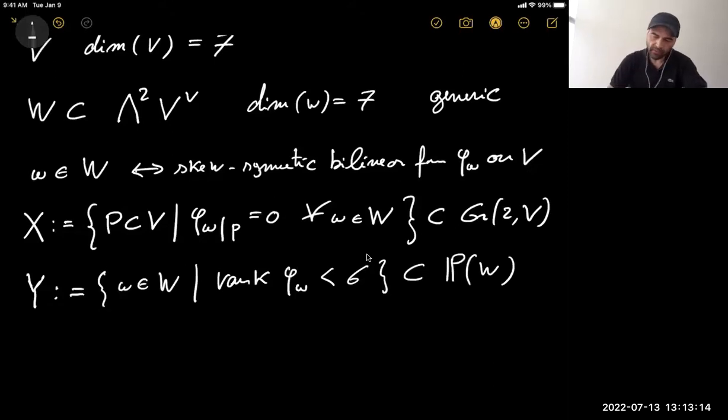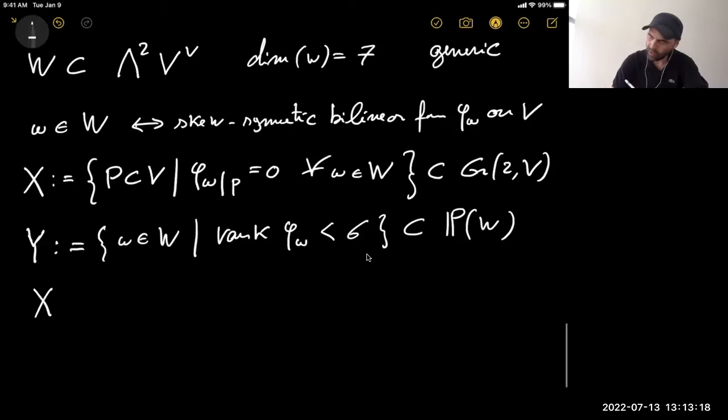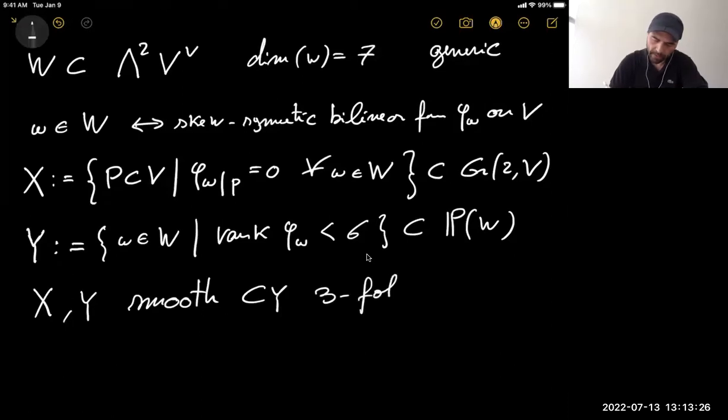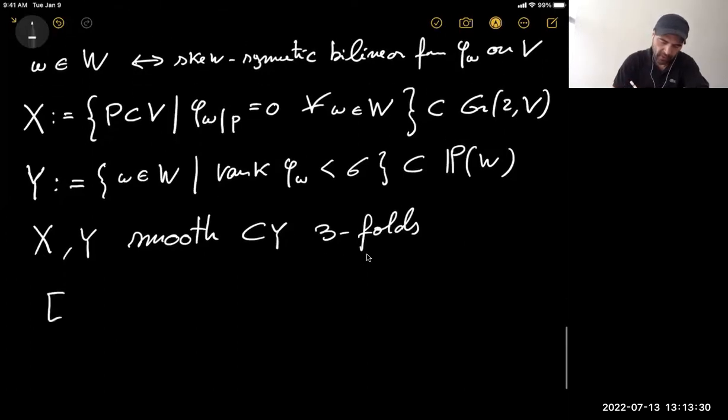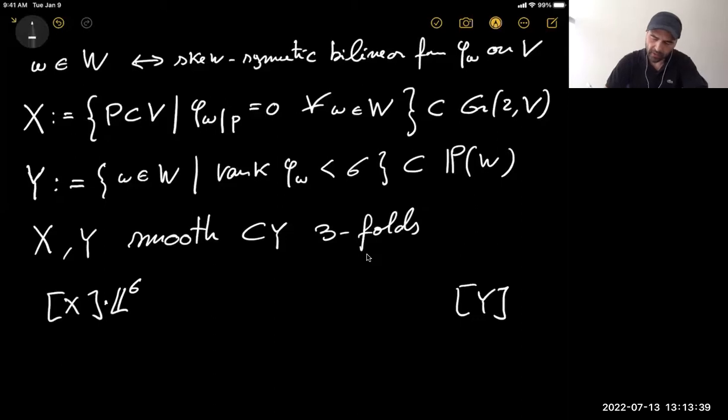And it turns out that for a generic choice of W, X and Y are in fact smooth Calabi-Yau threefolds, and they have this property that their Grothendieck classes are not the same, but they only have the same Grothendieck class after multiplying by L to the 6, the affine line.